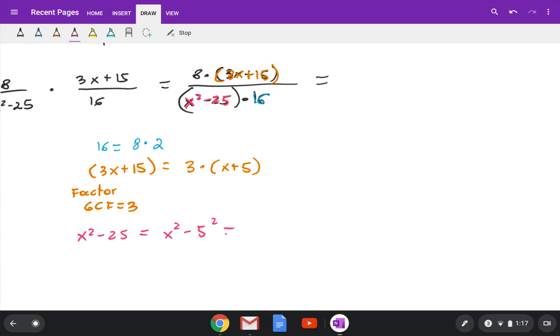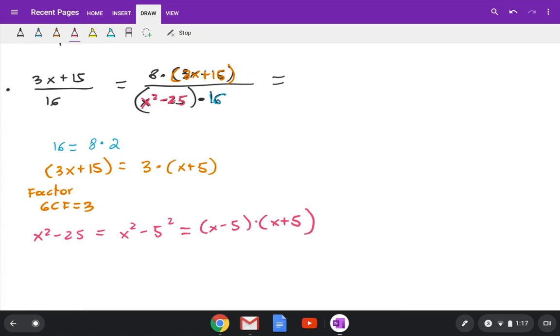So this is the difference of squares formula, x minus 5 times x plus 5. So let me rewrite everything using factors. Okay, 8 times 3x plus 15, which is the same as 3 times x plus 5, over x squared minus 25, which is the same as x minus 5 times x plus 5.